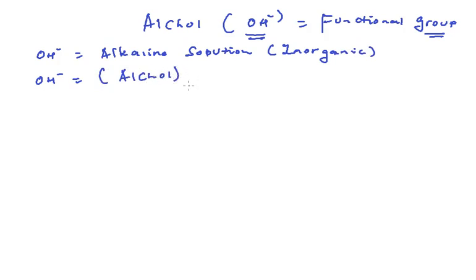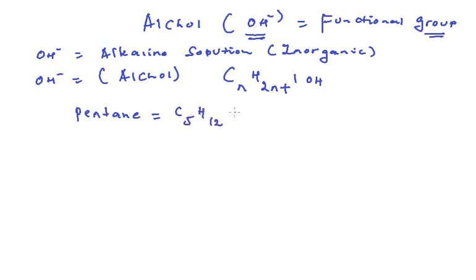Like alkane and alkene, they have a general formula. I would like to start by writing the general formula for you: CnH2n+1 OH. So say for example you have pentane. Pentane is an alkane, and pentane has C5H12, right?